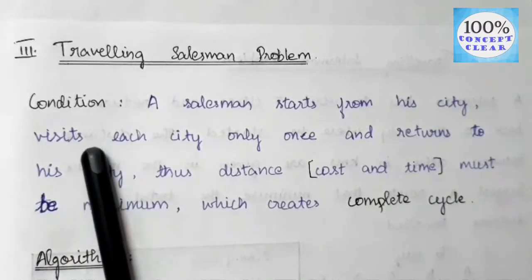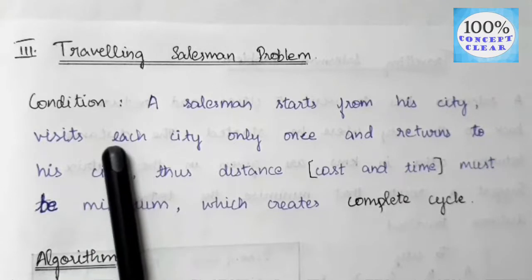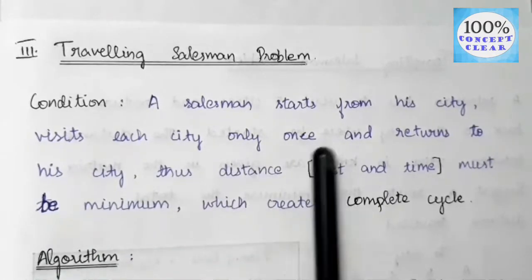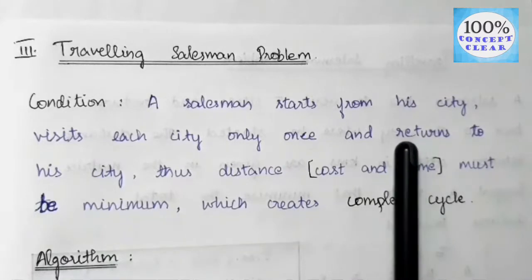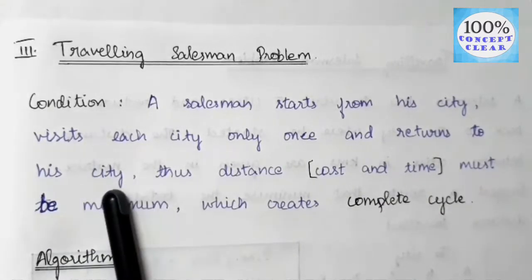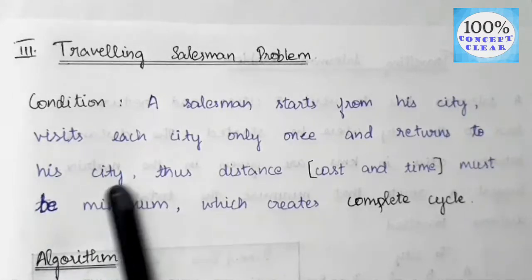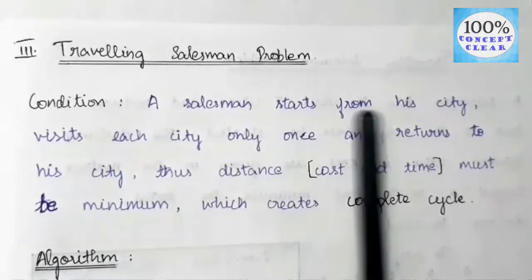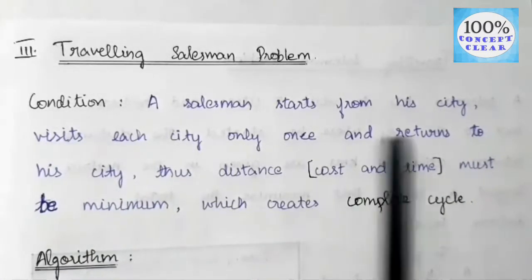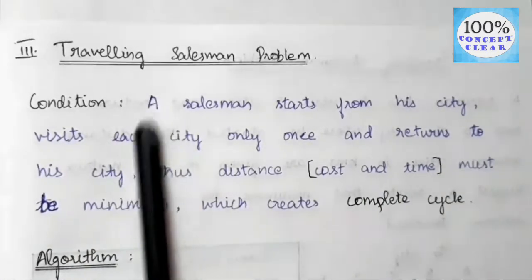So whatever city he wants to go, he will visit those cities only once, not twice or thrice, only once. And finally he will return to the city where he started. So this is the important condition. That is, a salesman starts from his city, visits each city only once and returns to his city. So this is the condition.